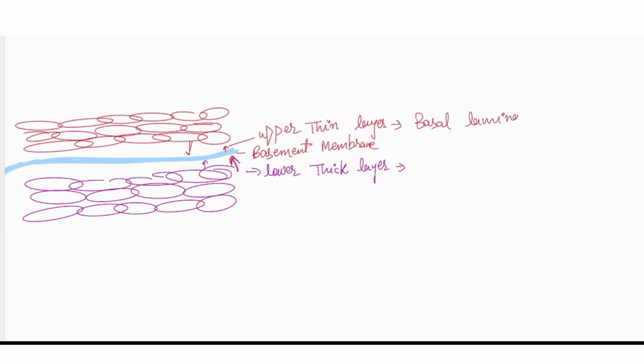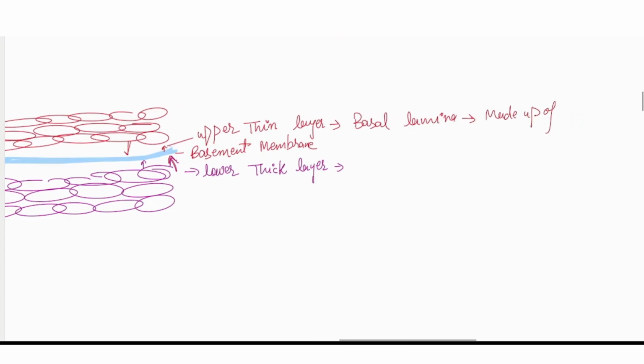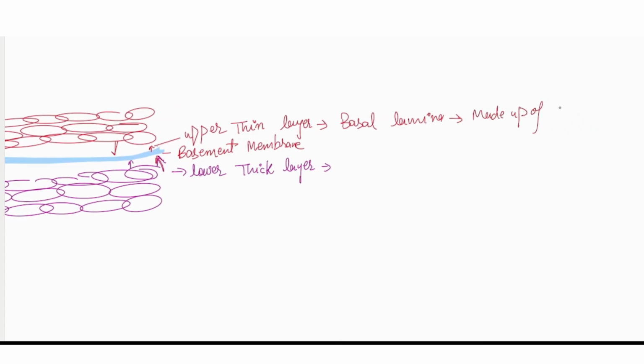Basal lamina, and it is made up of glycoproteins and mucopolysaccharides.